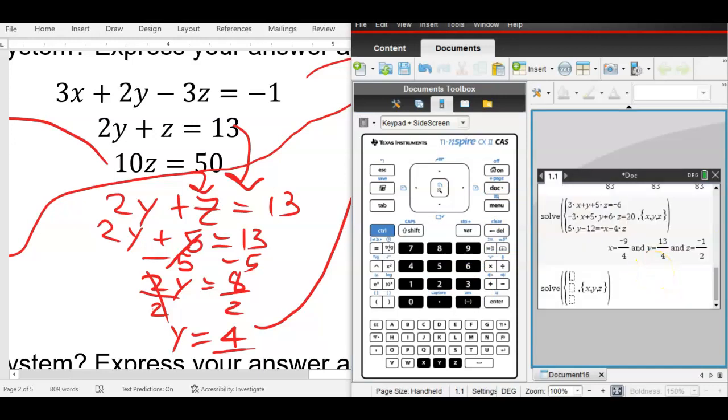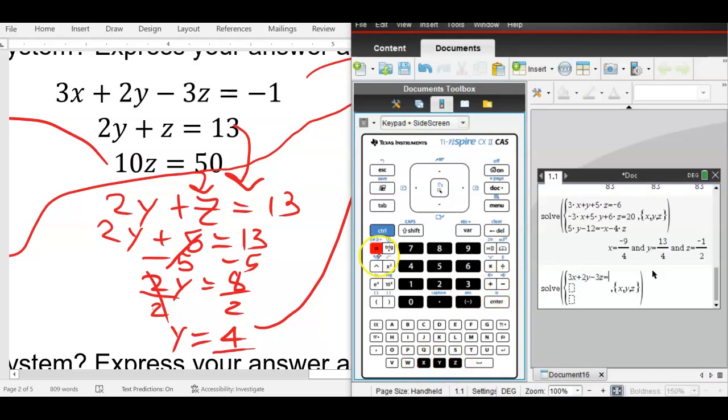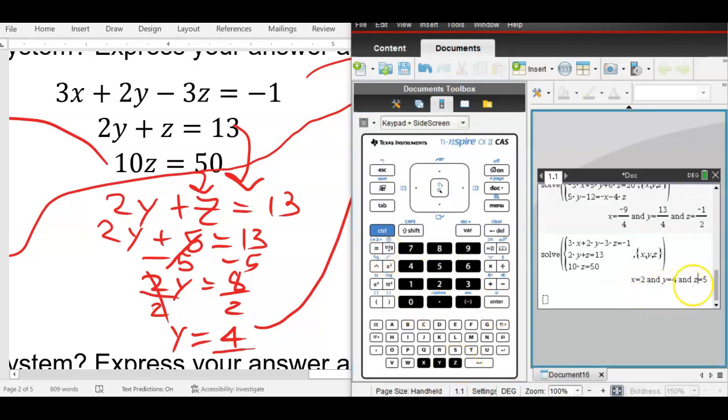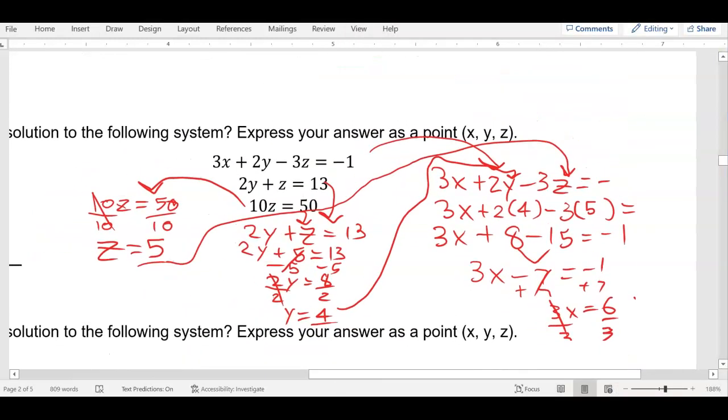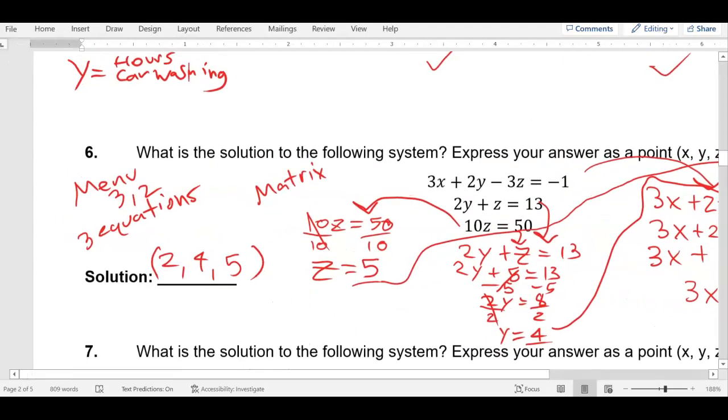You can type it in the exact way you see it. 3x plus 2y minus 3z equals negative 1. 2y plus z equals 13. 10z equals 50. 2, 4, 5. And that is what I had over here. 2, 4, 5. All right.